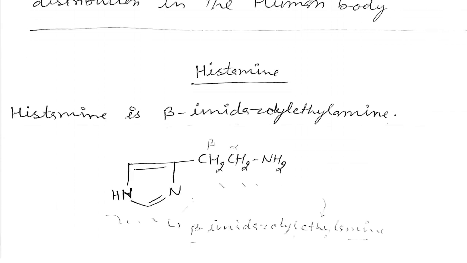So, what is histamine? Histamine is an amine, and it contains a heterocyclic nucleus. The heterocyclic nucleus is the imidazole nucleus.